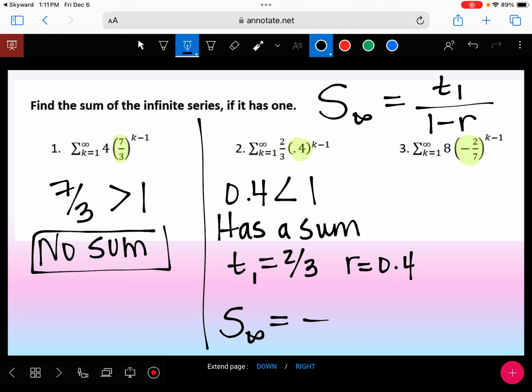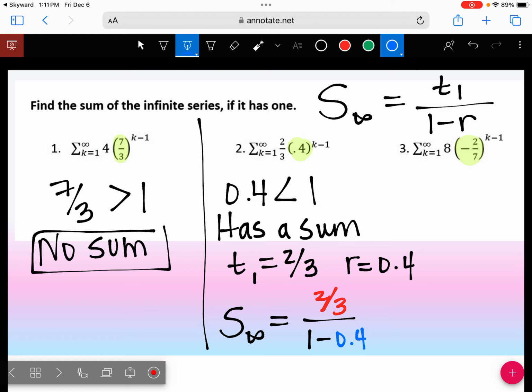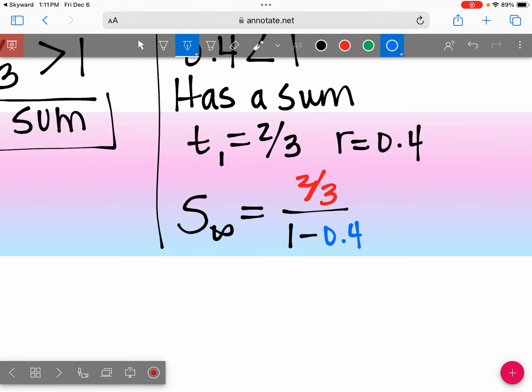So to find the sum, you're going to take 2/3 and divide that by 1 minus 0.4. So I'm going to go ahead and lift that up.